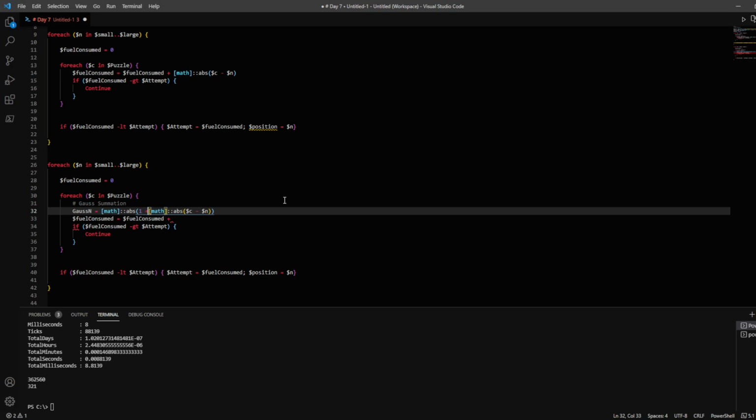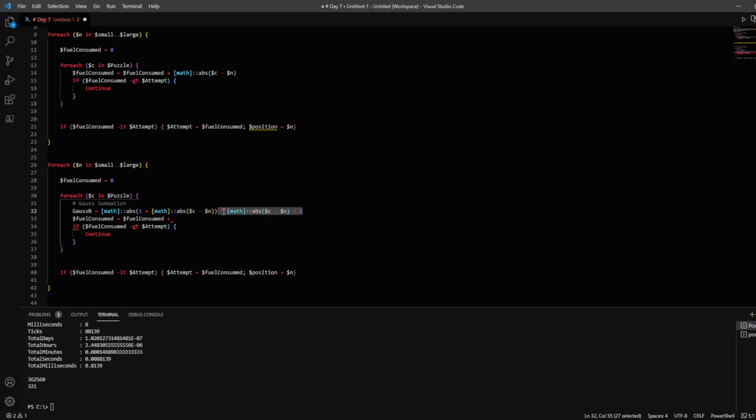Because I just want to do the n plus 1 at the start, because n plus 1 times n, and then divided by 2. So this is the problem, but that's not the Gauss number.